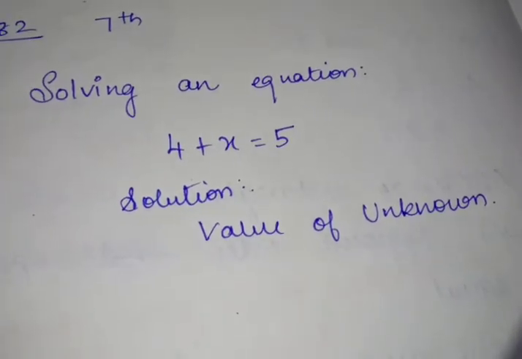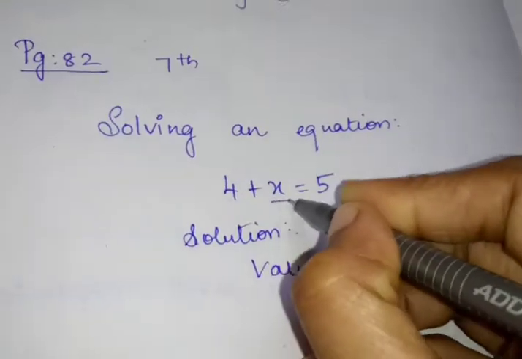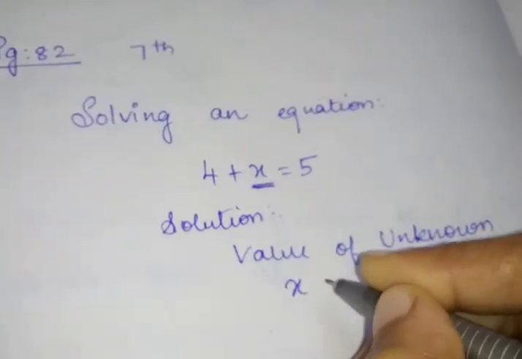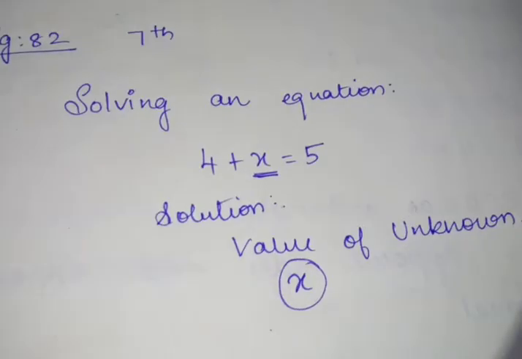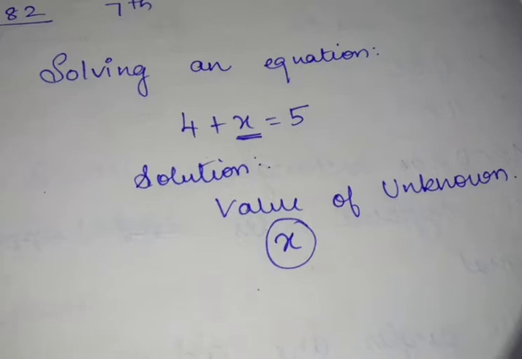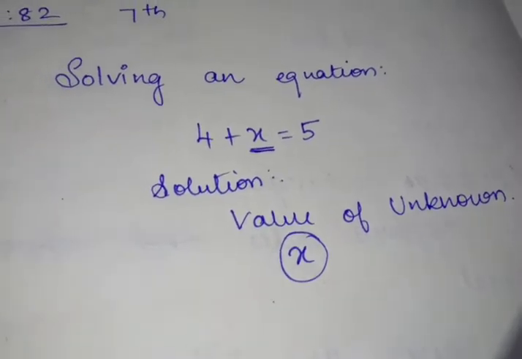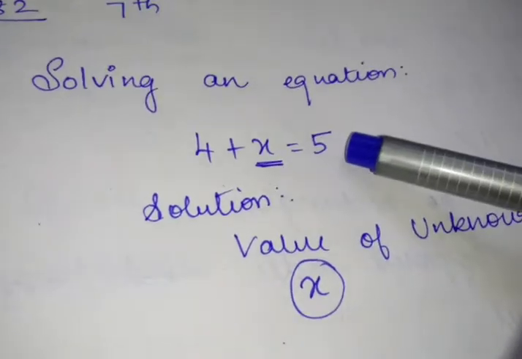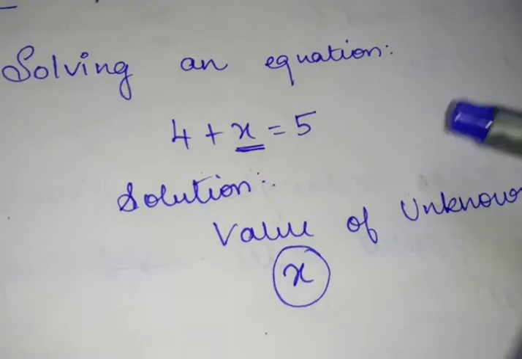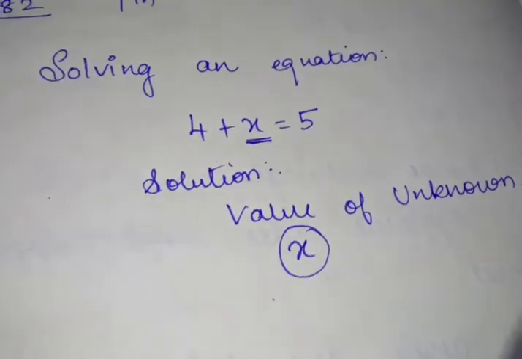So what is the unknown value here? X is the unknown value. We are going to find the value of this variable. So the value of this variable is the solution for the equation. For example, X is equal to some value you will get, no? That is the solution of this equation.